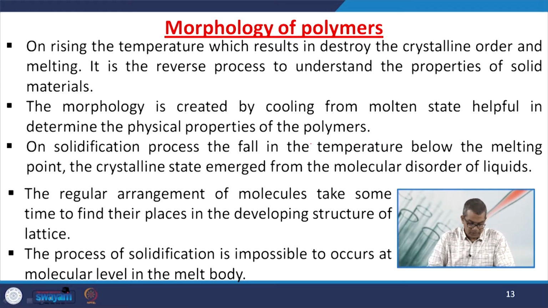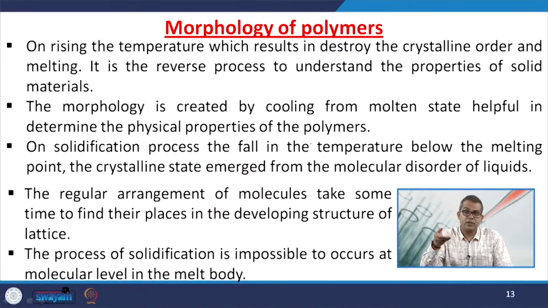We observe this with the help of this particular pen, although the example is a bit different. Now, it is the reverse process to understand the properties of solid material, and sometimes you may see that a solid polymer particle may have a tendency to melt. The morphologies created by cooling from the molten state are usually helpful in determining the physical properties of the polymers.